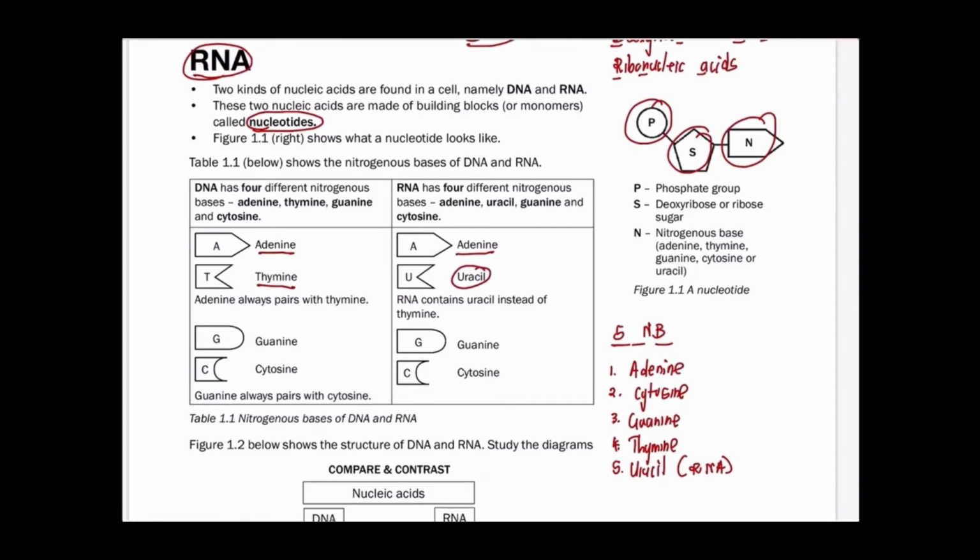Always remember that. You also have guanine in DNA as well as guanine in RNA. You also have cytosine in DNA as well as cytosine in RNA. So the only difference is that in DNA you find thymine, but in RNA you find uracil in terms of nitrogenous bases.